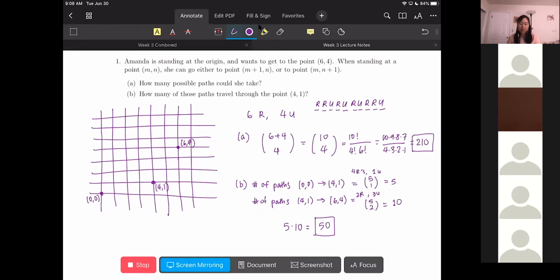So basically we can take any path that goes from 0, 0 to 4, 1, any path that goes from 4, 1 to 6, 4, and that put together will give us a path that goes from 0, 0 to 6, 4 through 4, 1. So if we multiply them, then we get all the different combinations of paths from here to here and paths from here to here.